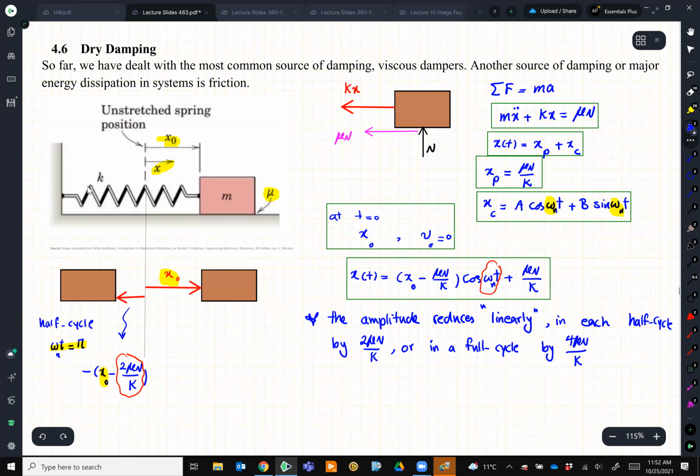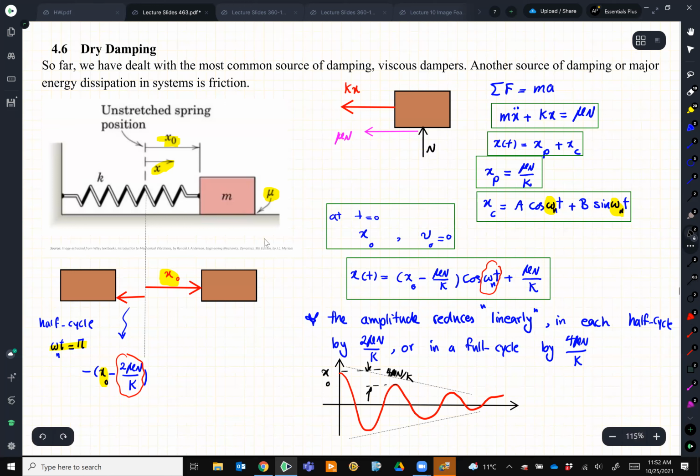Why 4? Because now it's linear, right? So if I quickly plot these things, time is passing, so I'm almost done. Unlike the other one, the amplitude decrease is linear. So over here it is x0, but the amplitude of this one is 4 mu n divided by k less.